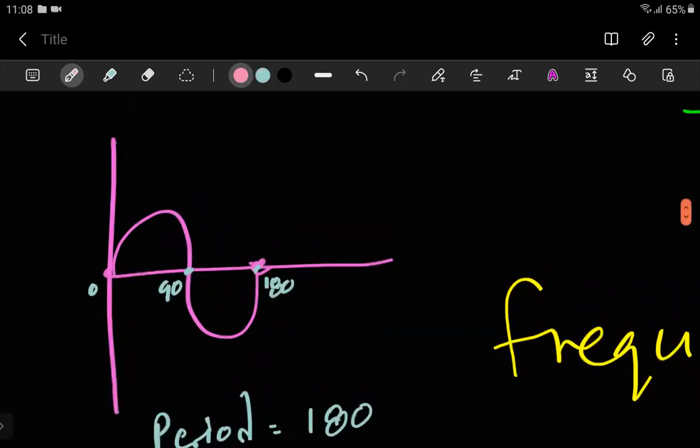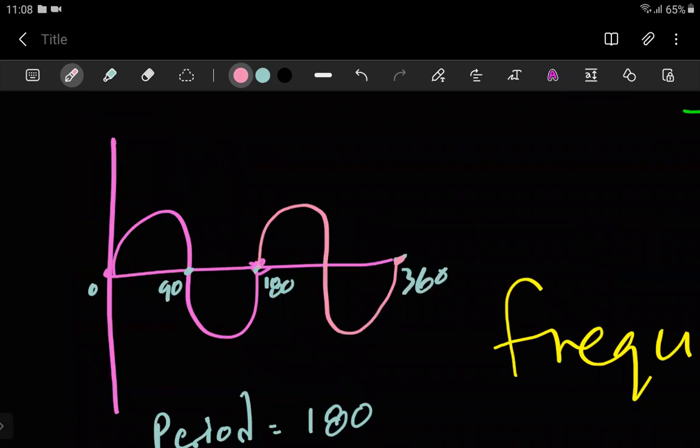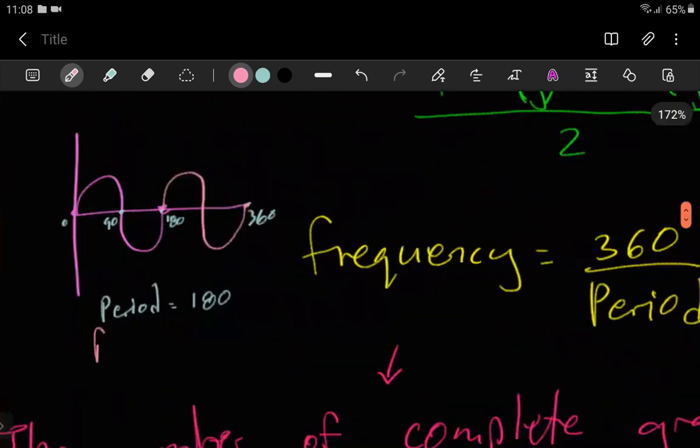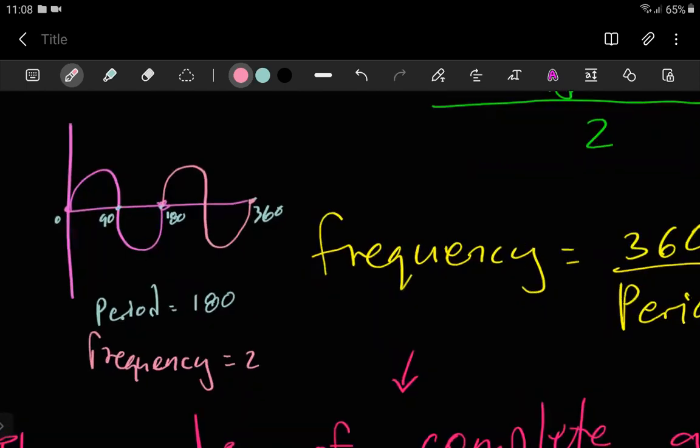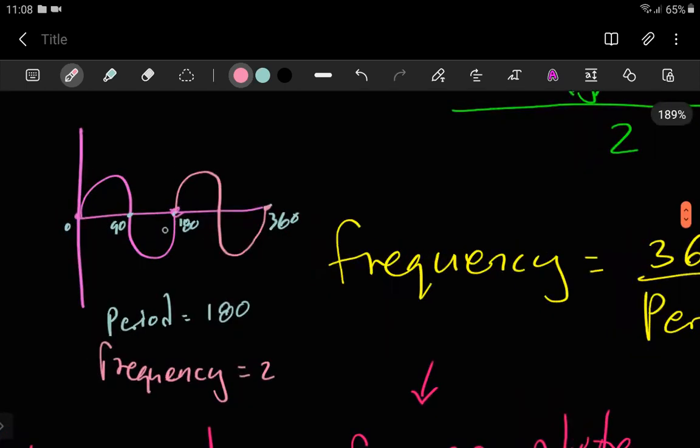But then in a space of 360 degrees, just because of how this graph is behaving, you would have had two full graphs in a space of 360. So the period here is still 180, but the frequency is a 2. You see, the frequency is a 2 because in a space of 360, you have two full graphs. The period is 180 because it takes 180 degrees for you to have one full graph.